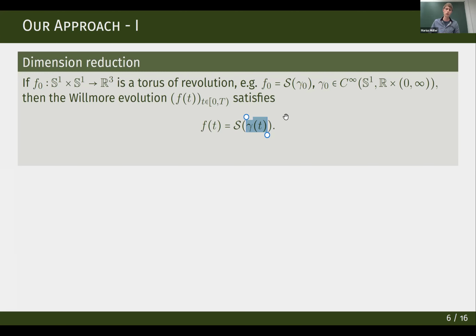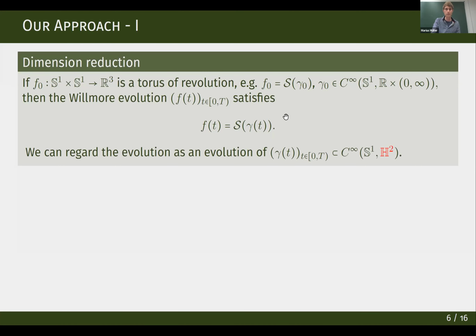I just have to look at how they evolve in order to be able to determine how the whole surface evolves. Okay, that's the idea. And now I regard the evolution by Willmore flow as an evolution of this gamma of t, as an evolution of smooth closed curves in H2.